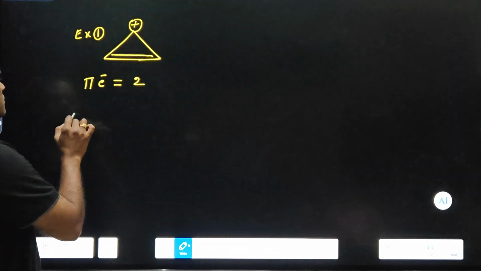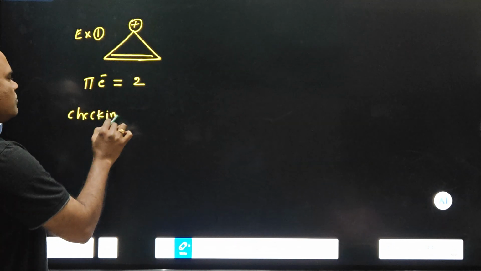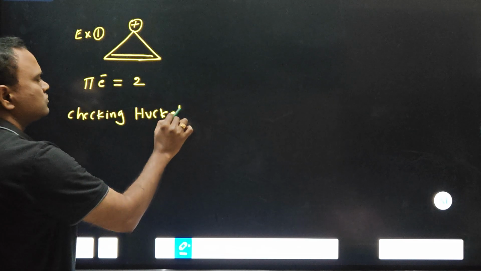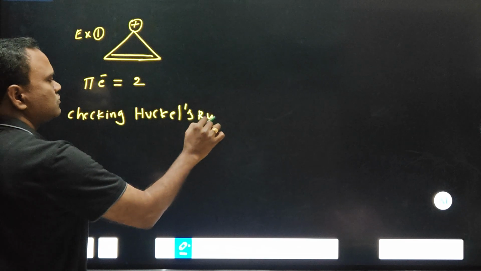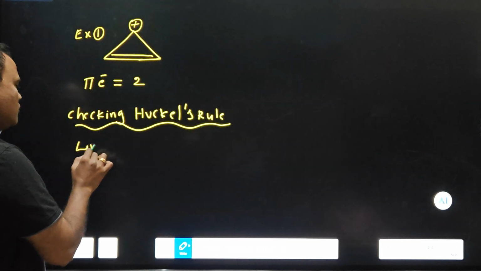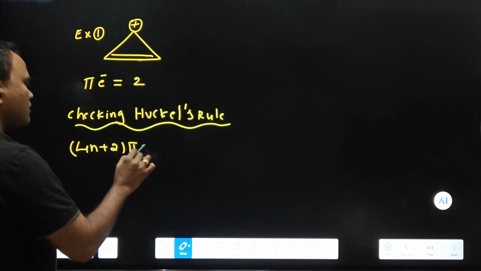What is Huckel's rule? The 4n plus 2 pi electron rule. Checking Huckel's rule: 4n plus 2 pi electrons.